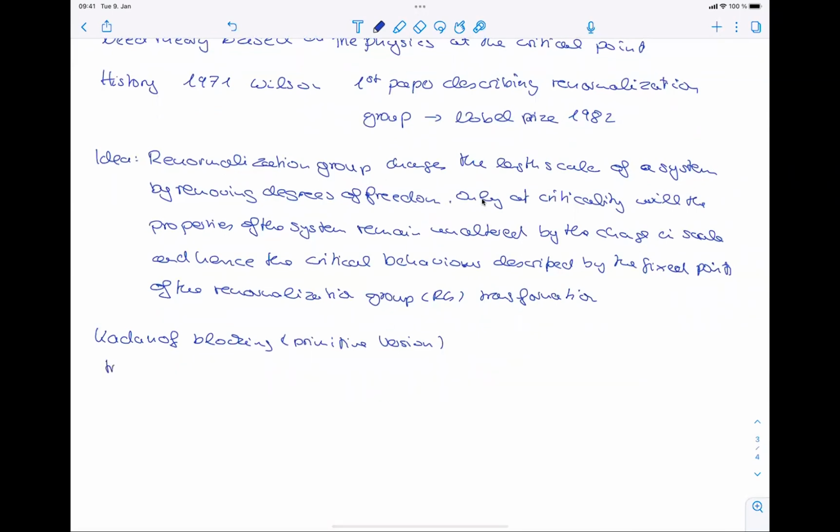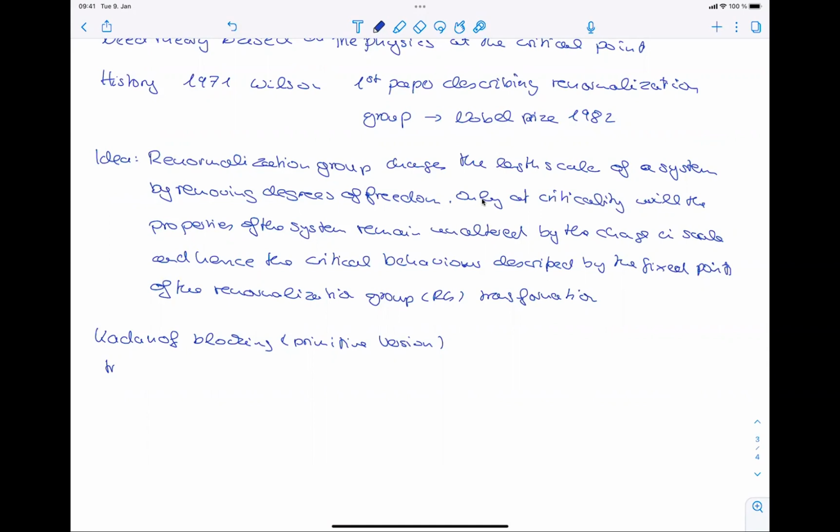So the idea of this Kadanoff blocking is that I repeatedly coarse grain, say, my spin lattice, and thereby generate a new system, but because the distances are larger, I reduce the correlation length and therefore move it away from criticality.